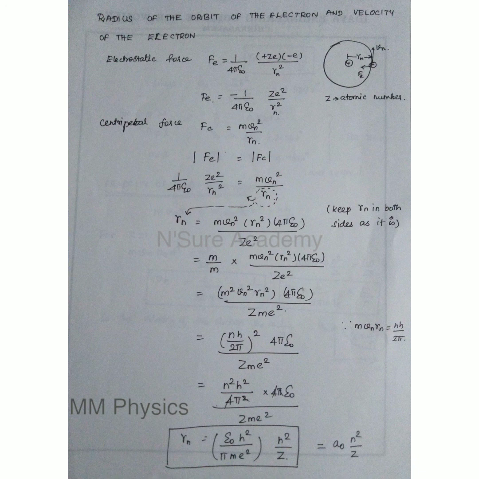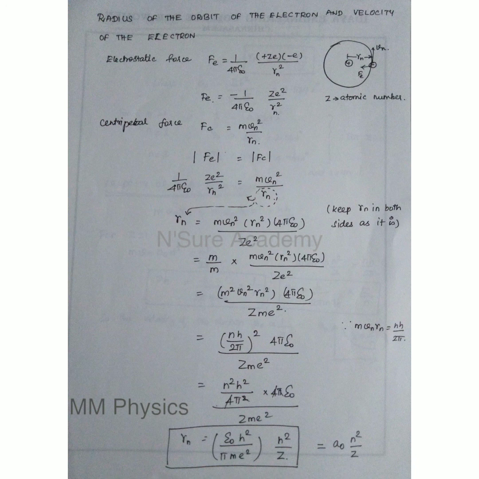Then equate the magnitudes of both forces. Magnitudes will be equal, so we can neglect the minus. 1 by 4 pi epsilon naught into Ze square divided by Rn square is equivalent to m vn square divided by Rn. We need to be very careful.